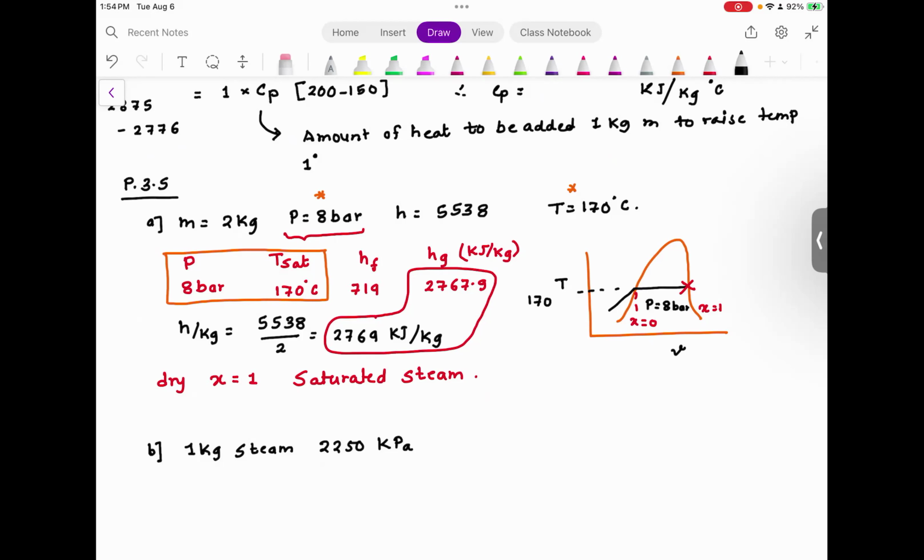But it is interesting, it is saying occupying the volume. So capital V is given as 2742 meter cube. And m is equal to 2 kilogram.